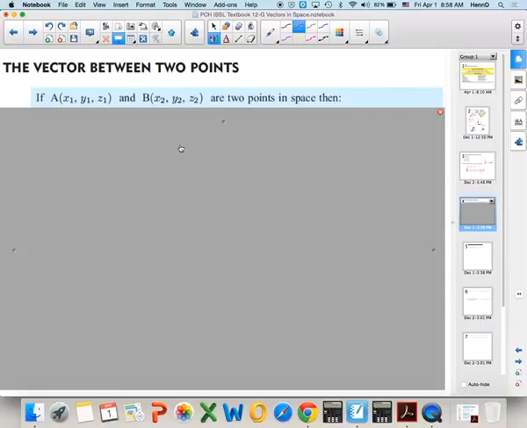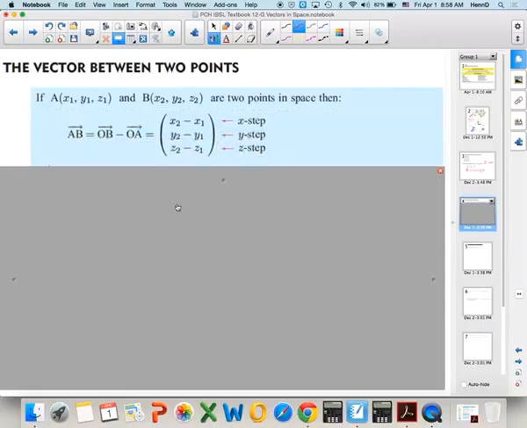Well, if I have 2 points in space, I'm going to do the same thing. I'm going to take the coordinates of the point I'm going to and subtract the coordinates of the point I'm coming from. All right? You can think of it as the position vector OB minus the position vector OA, if you like formulas like that.